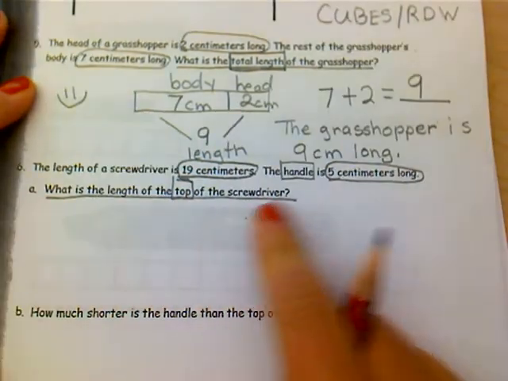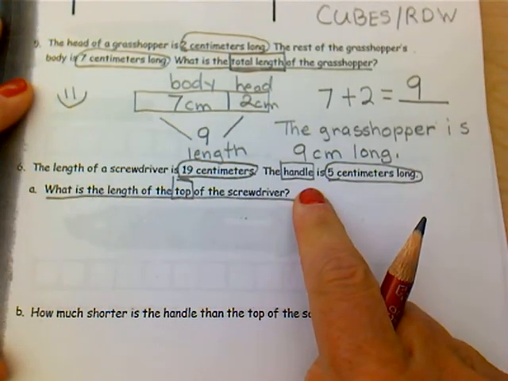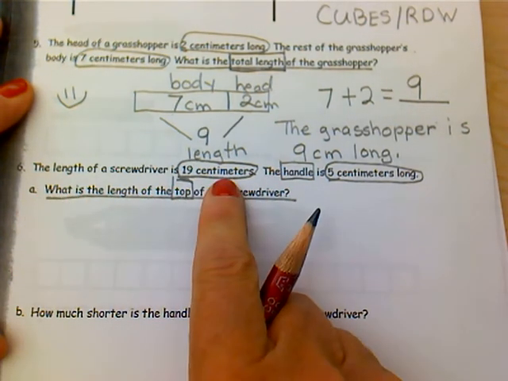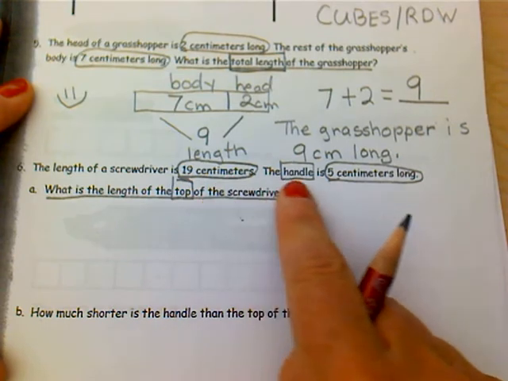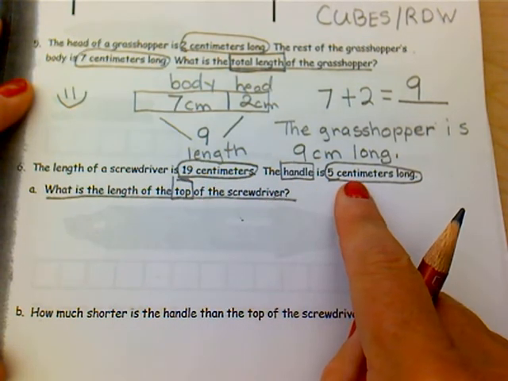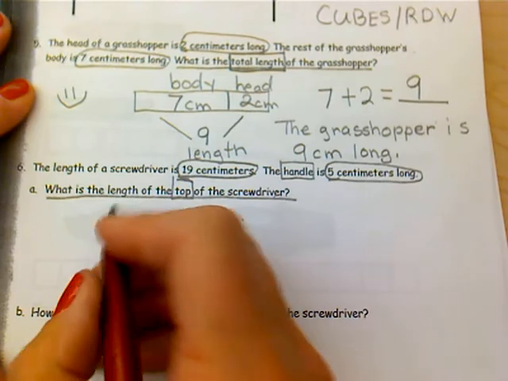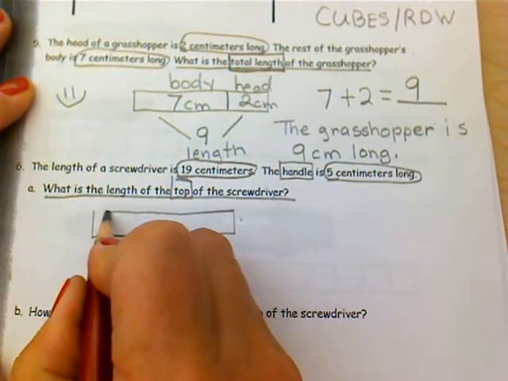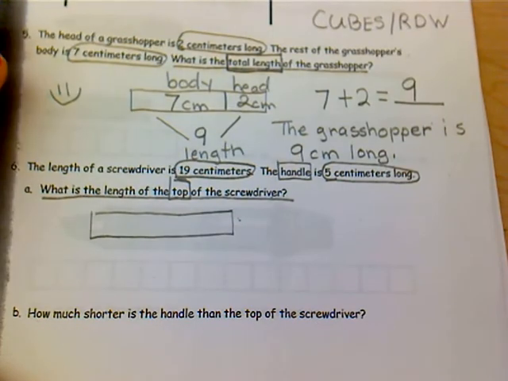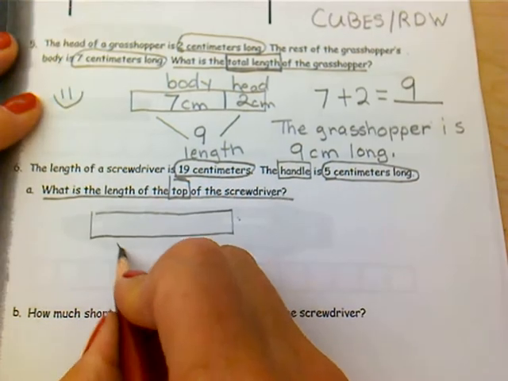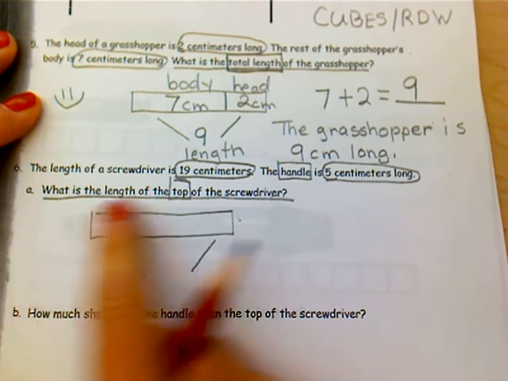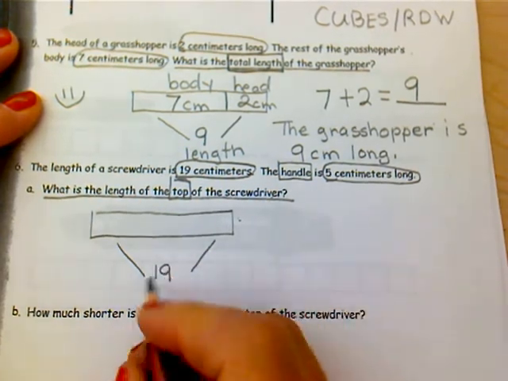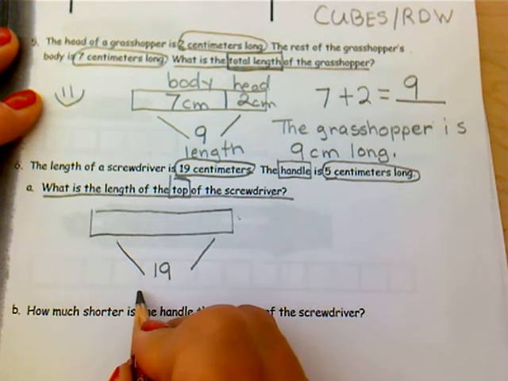So here's the handle, and I've got to think about what is the length of the top of the screwdriver. So the length of the screwdriver is 19 centimeters. The handle is 5 centimeters. So I'm going to start by drawing myself a number bond, and I'm thinking about what do I know? Do I know the total length of my screwdriver? Well, I think I do. It's 19 centimeters. That would be the total length.